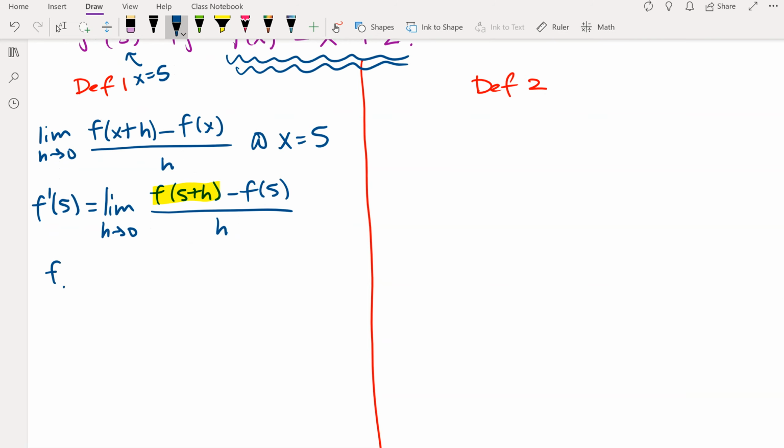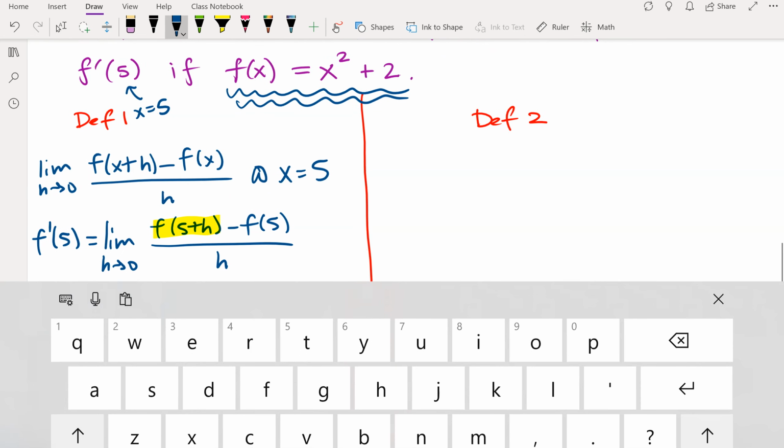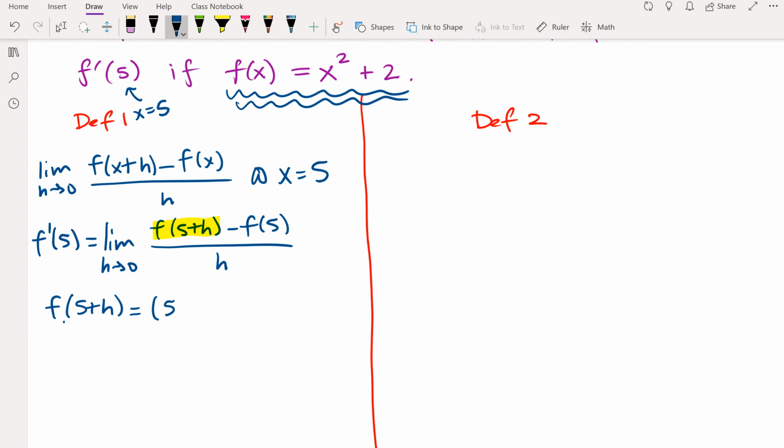So we get f of 5 plus h equals, and then we plug in 5 plus h anywhere we see an x. Our function is x squared plus 2, right? So we get 5 plus h squared plus 2. And now we use that trick.